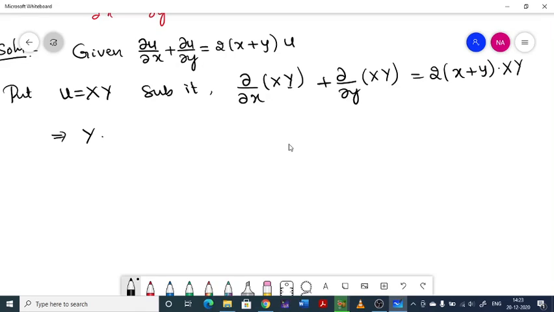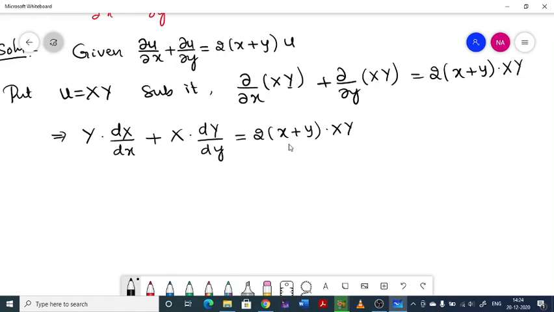But we saw that capital X is a function in small x, it's a function in single variable. So this you can write as d capital X by d small x. ಒಂದೇ ಇಂಡಿಪೆಂಡೆಂಟ್ ವೇರಿಯಬಲ್ ಇರೋದ್ರಿಂದ ಡೋ ಬದಲು ಡಿ ಬರಿಬೋದು, plus similarly capital X into d capital Y by d small y equal to 2 times of x plus y into capital X into capital Y.